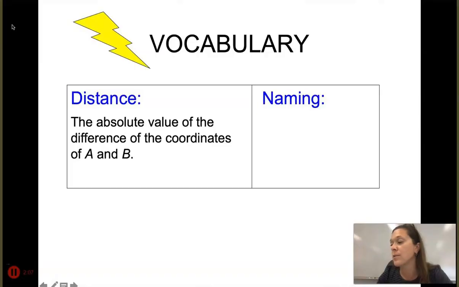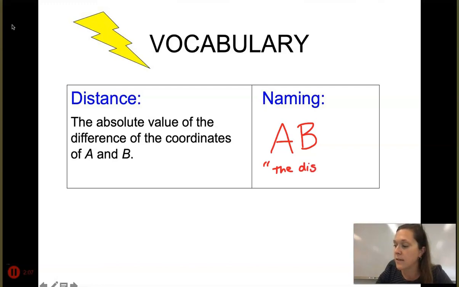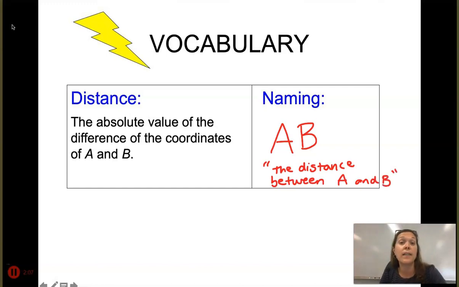So if I were to see somewhere on a worksheet just two letters right next to each other with no symbol on top, that means I want to find the distance between A and B, otherwise known as finding the length from point A to B. No symbol above means we're talking about finding the length or the distance between two points.